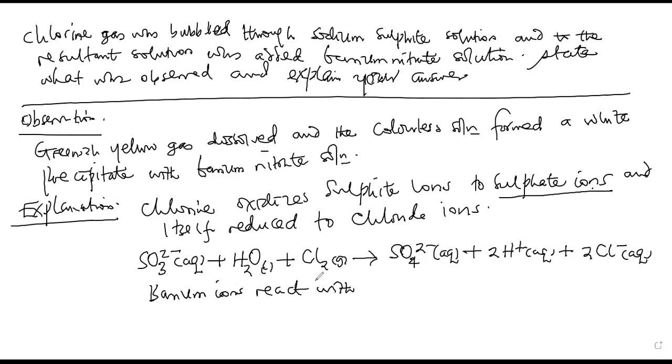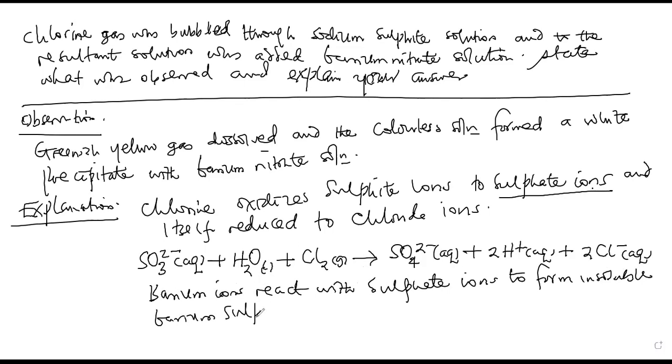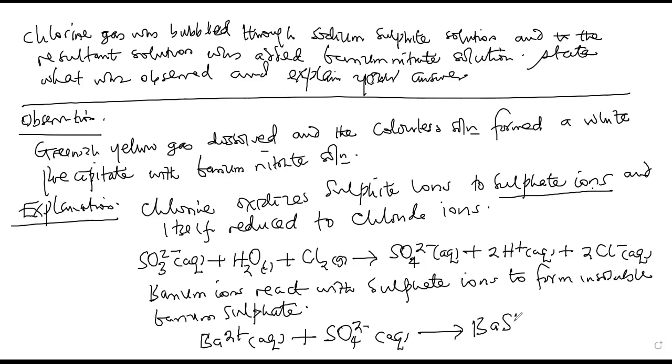Then the barium ions react with the sulfate ions to form insoluble barium sulfate, whereby the barium ions from barium nitrate react with the sulfate ions, which are got from oxidizing sulfite, to form barium sulfate, which is a precipitate.